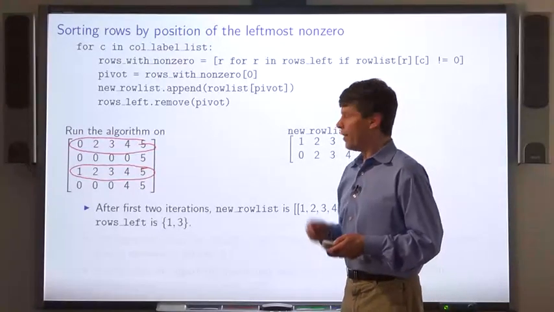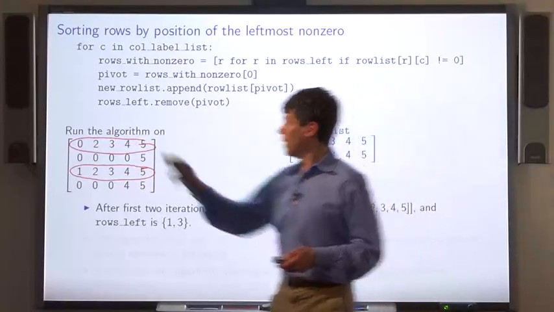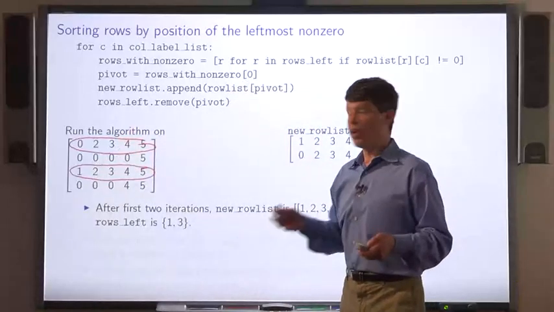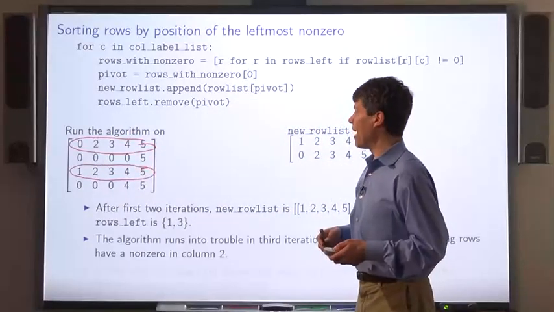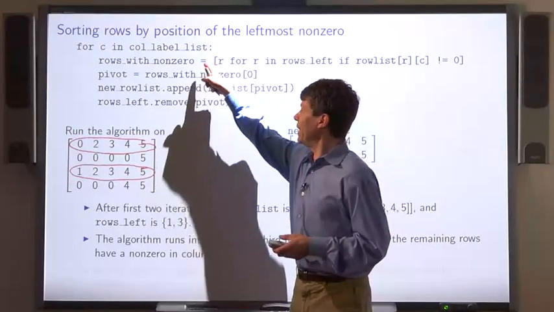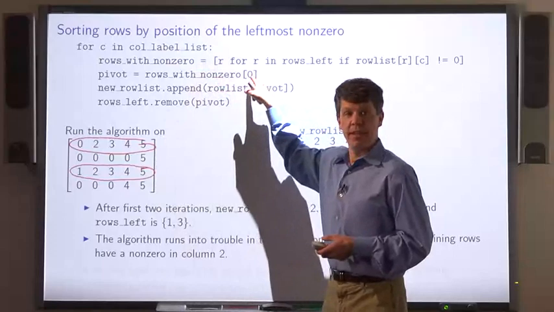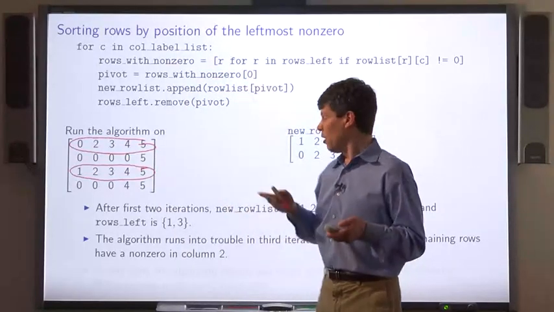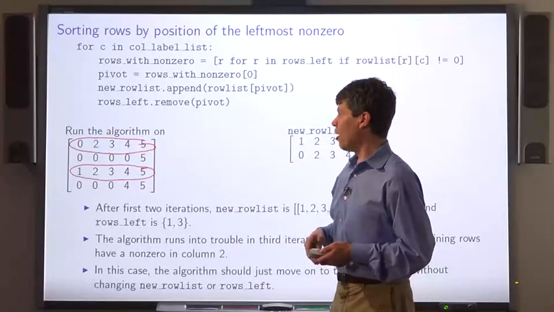Now, the algorithm runs into trouble. When it gets to the third column, it doesn't find any rows that have non-zeros in that column. So rows with non-zeros will end up being empty, and this line will cause an error. Now what the algorithm should really do is just move on at this point to the next column.